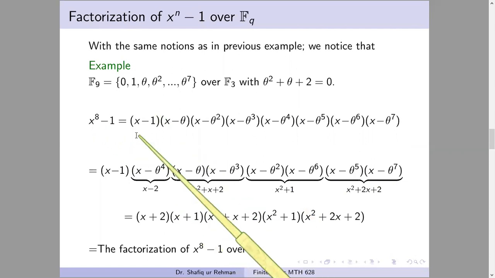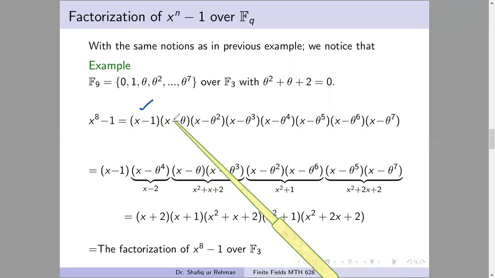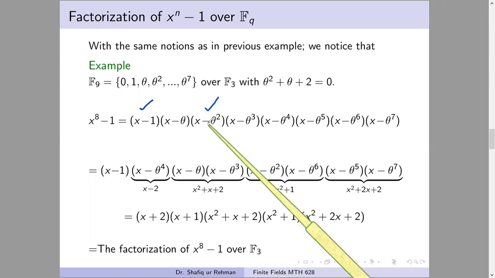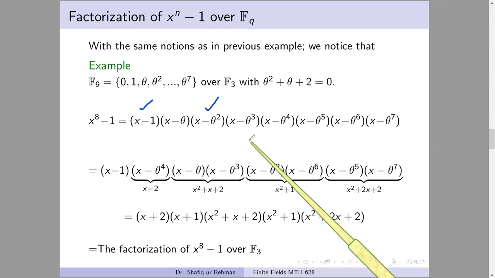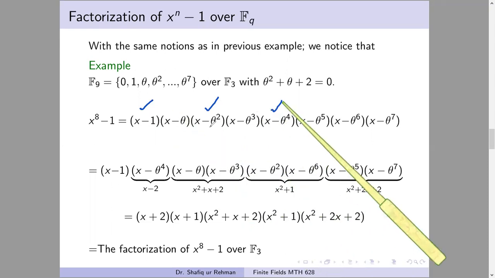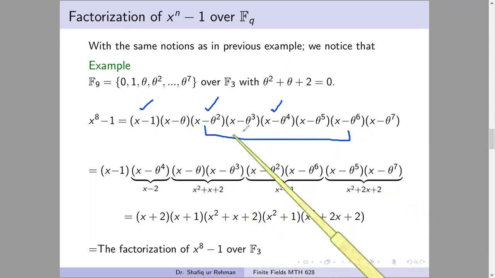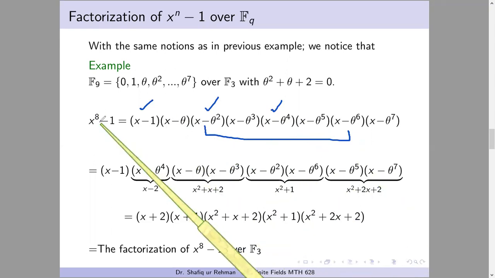But in order to get x power 4 minus 1, we take this factor and this factor. This is x minus 1, this is x plus 1, and then we take the other factors. So we take only these 1, 2, 3 and 4 factors, and we get x power 4 minus 1.